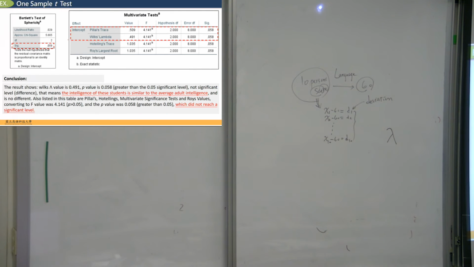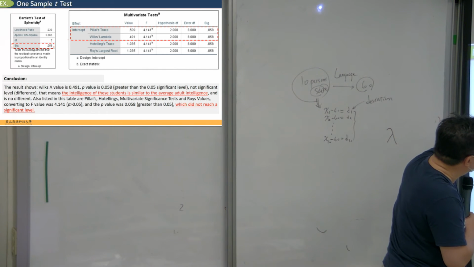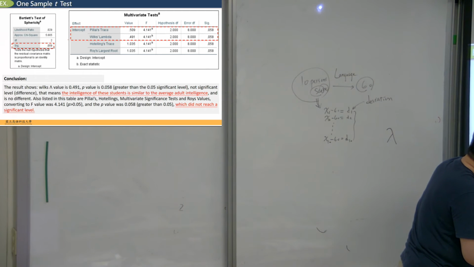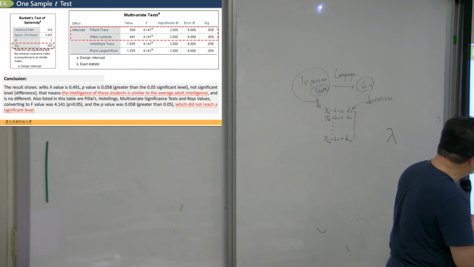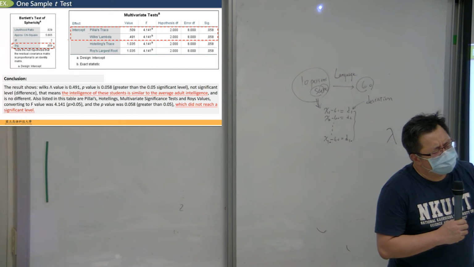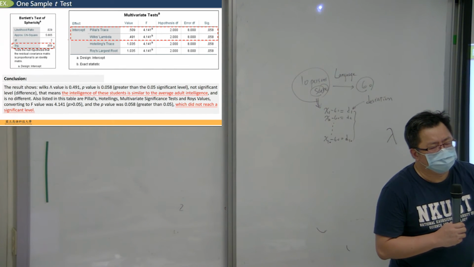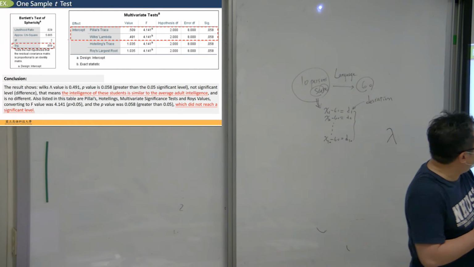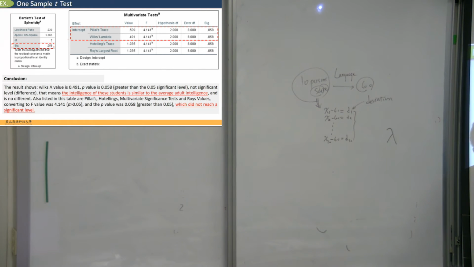And the third, also listed in the table, Pillai's trace, Hotelling's trace, multivariate significance, any statistics scientists, they calculated the same F value, right? Yeah. So don't care about it. If you want to write in your paper, you no need to write every one.